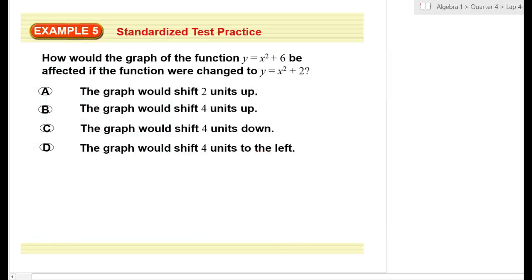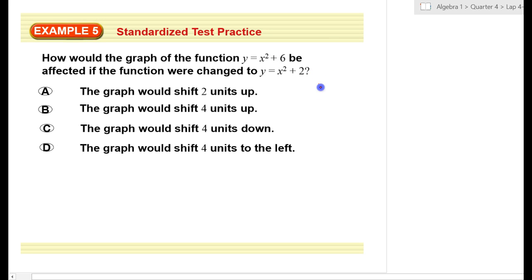Alright, so looking at two equations, we're going to see what happens. So I start with this function, y equals x squared plus 6. How would that graph be affected if I changed it to y equals x squared plus 2?